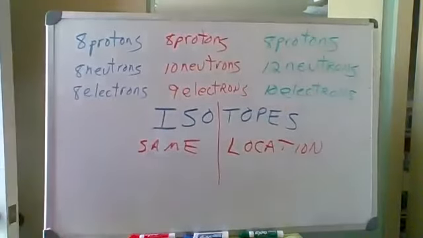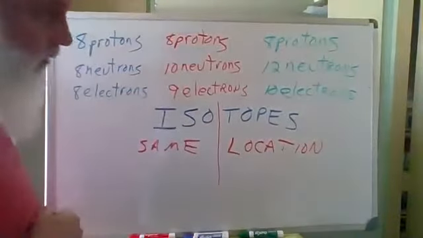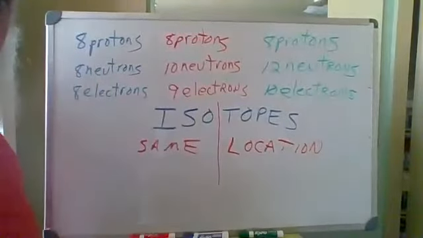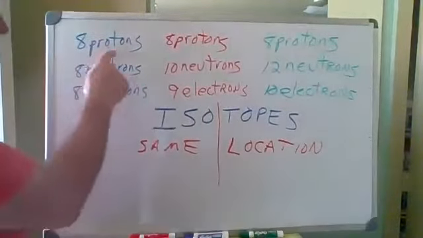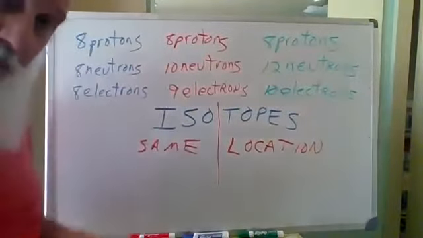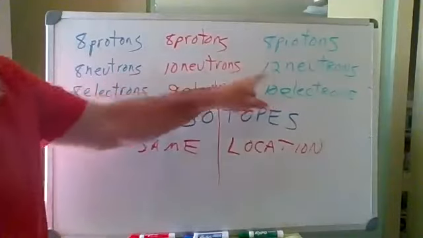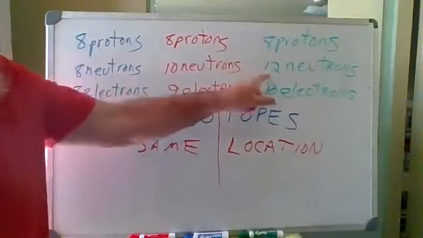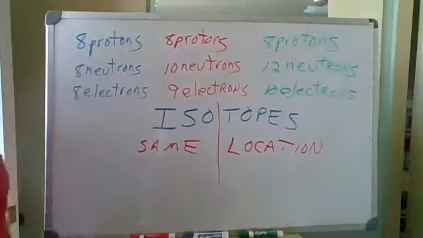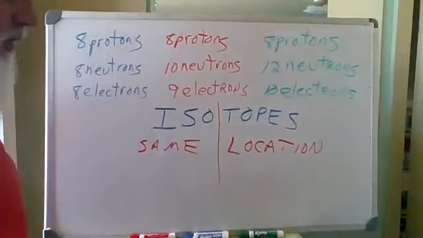All right, so if they're going to be at the same location on the periodic table, they better have the same number of protons. Atomic number has to be the same, which is equal to the number of protons. So isotopes have the same number of protons, but different numbers of neutrons.